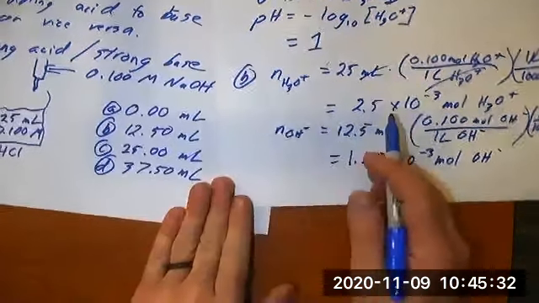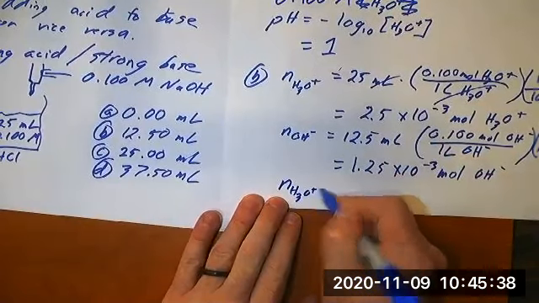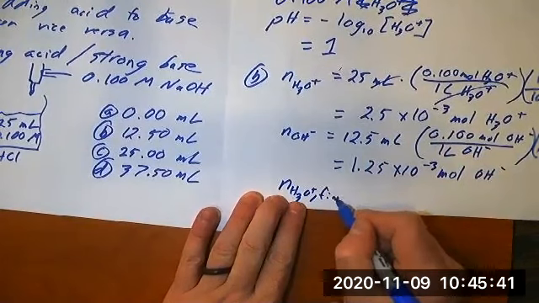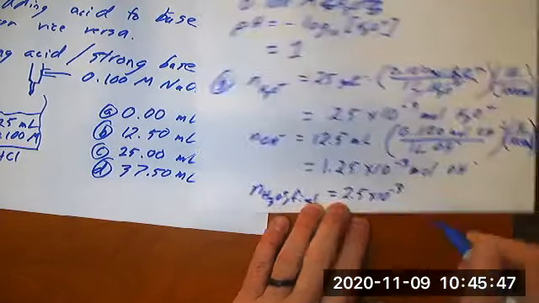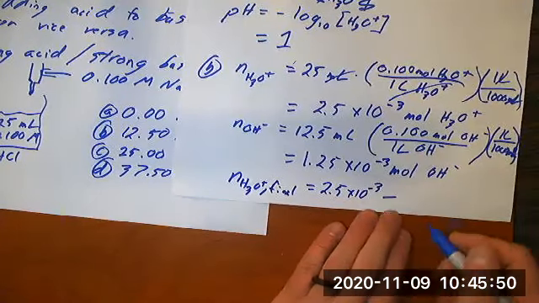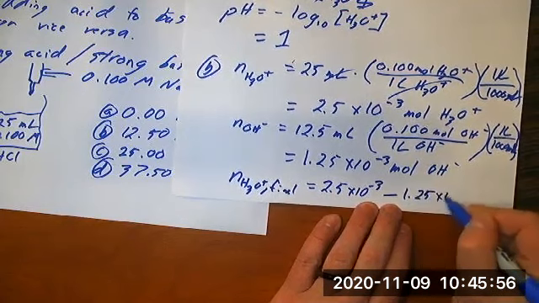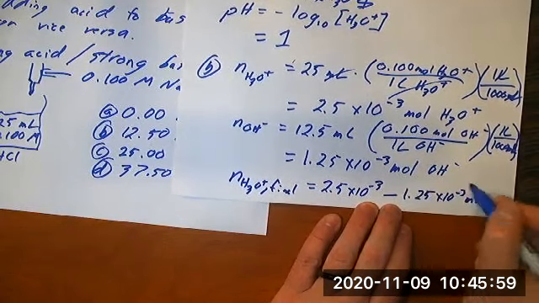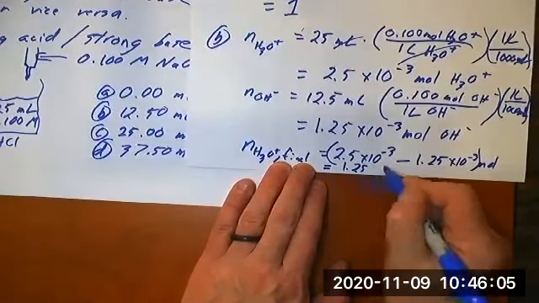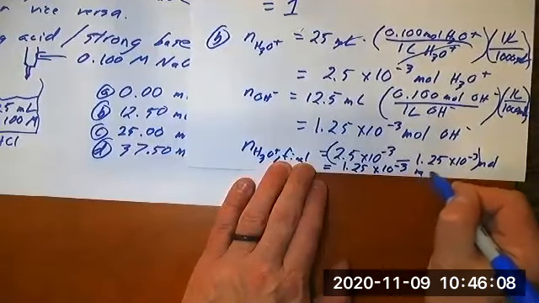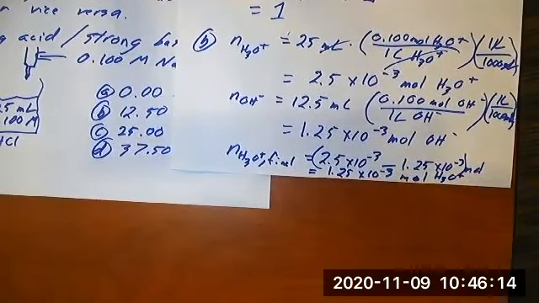So after the neutralization reaction, our final is going to be the amount we started with, 2.5 times 10 to the minus 3, minus the amount of hydroxide that we added, because that much of the hydronium is going to react away. And we find that we have left 1.25 times 10 to the minus 3 moles of hydronium left.